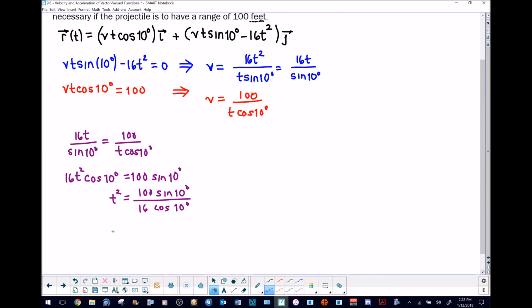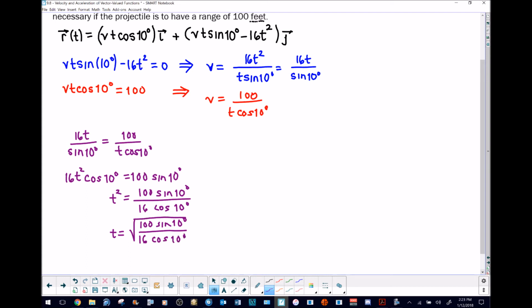And as we do that, we also can be very conscious of the fact that our time, by just using basic logic, needs to be a positive number. I doubt that we're going to be able to shoot this projectile going back in time. So we won't worry about using the plus or minus of this particular result.